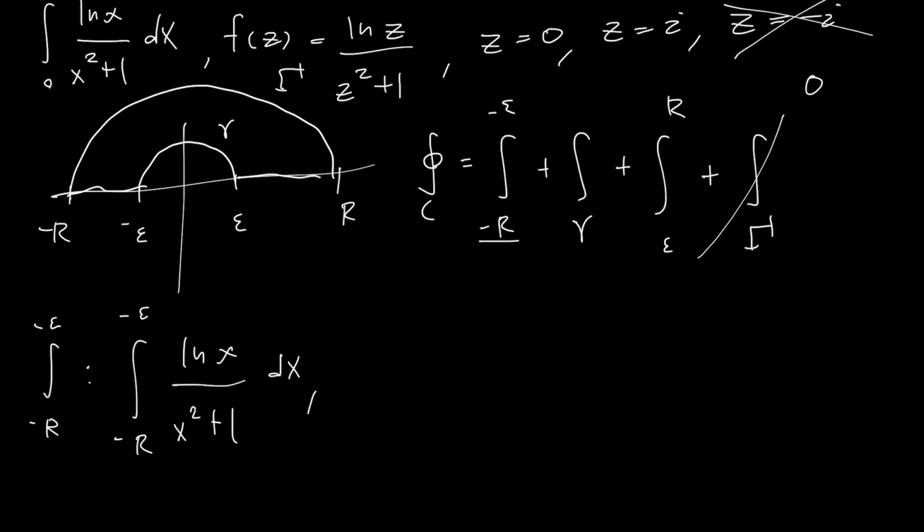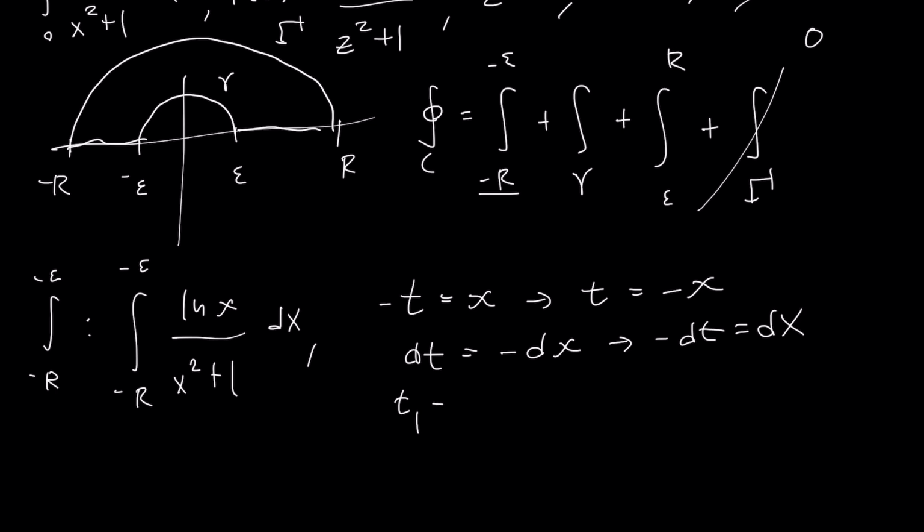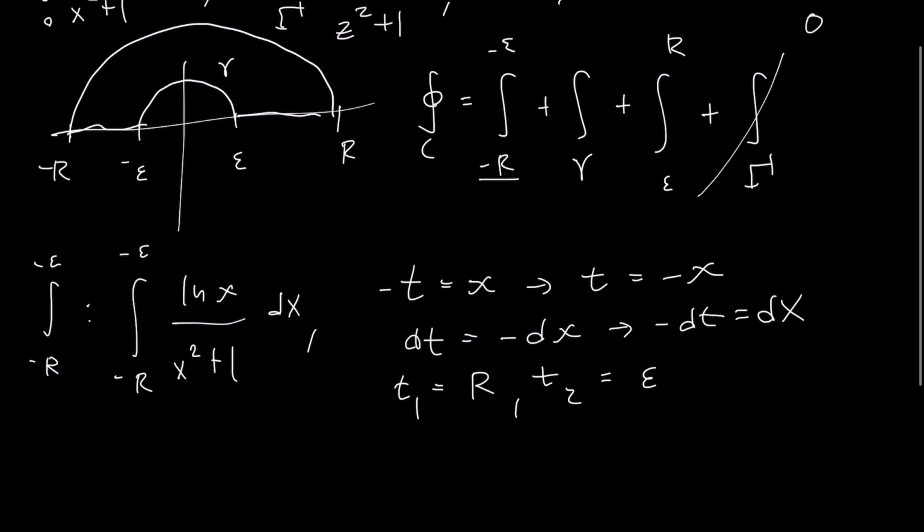Now make a substitution. I'll let minus t equal x, so that tells us that t equals negative x, and that dt equals negative dx, so that negative dt equals dx, and t sub 1 will be positive r, and t sub 2 will be positive epsilon.